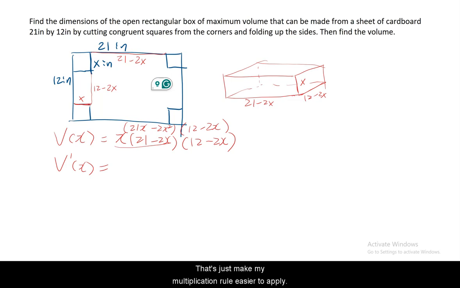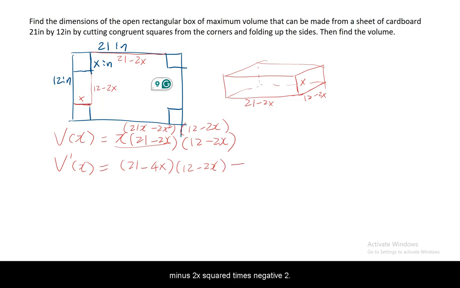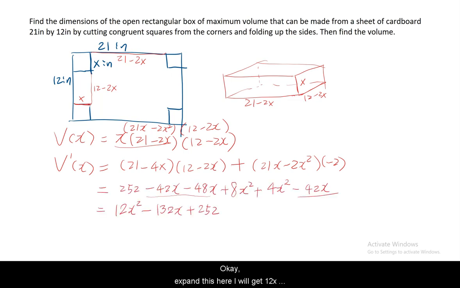That just makes my multiplication rule easier to apply. So I will get 21 minus 4x times 12 minus 2x plus 21x minus 2x squared times negative 2. Okay, expand this here, I will get 12x squared minus 132x plus 252.